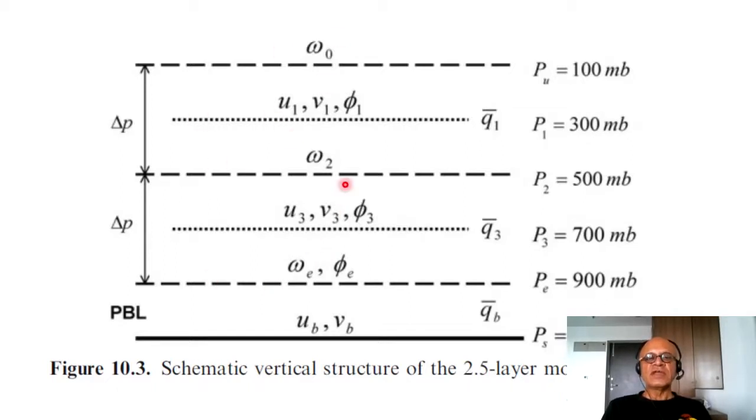You have 2 layers here, with W2 in the middle at the interface of layers 1 and 3 at 500 millibar, and the middle of one layer is at 300 and the middle of the other is at 700, and you carry the average quantities U1, V1, Phi1, U3, V3, Phi3 here. Of course, at the interface you have the index 2 being used.